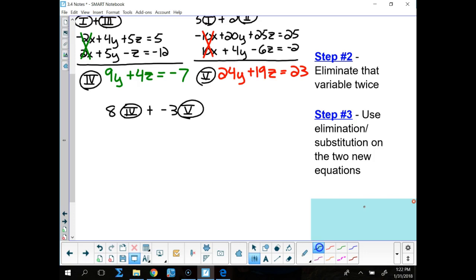So 8 times the green one is going to be 72y plus 32z equals negative 56. Negative 3 times the red one is going to be negative 72y minus 57z equals negative 69.